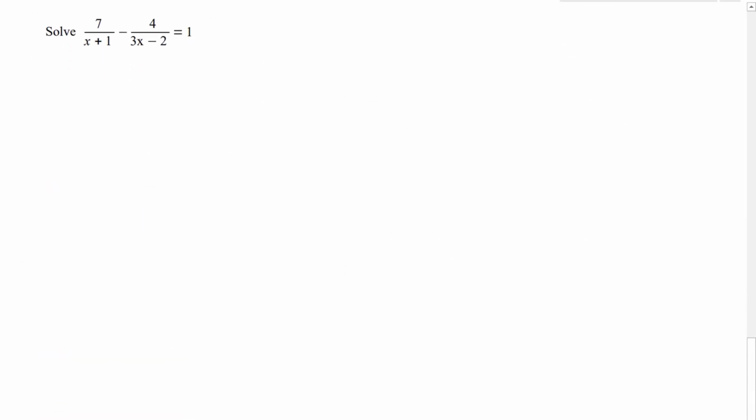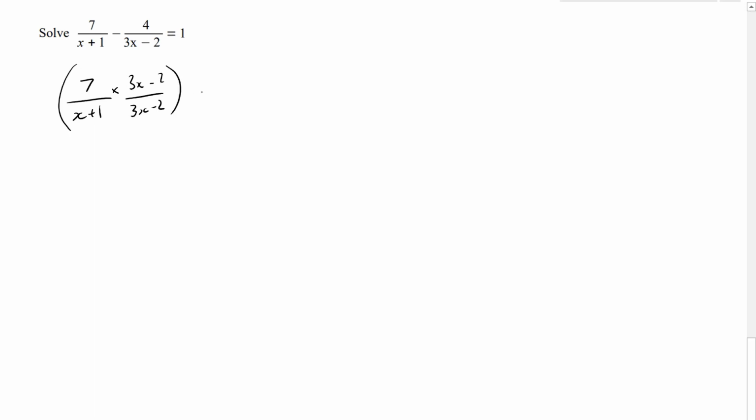Now, let's have a go at looking at a minus 1, and we're actually asked to solve this equation. So let's first make this all into the same denominator. In order to do that, what we've always done is multiplied them by each other. So we're going to have the 7 over x plus 1 multiplied by 3x minus 2 over 3x minus 2, multiplied top and bottom.